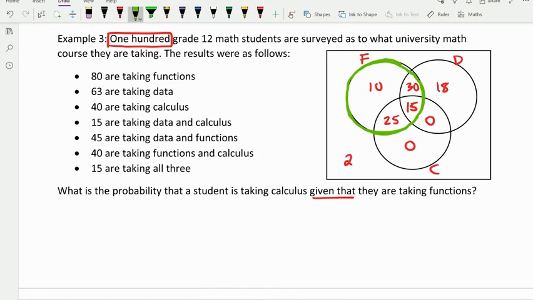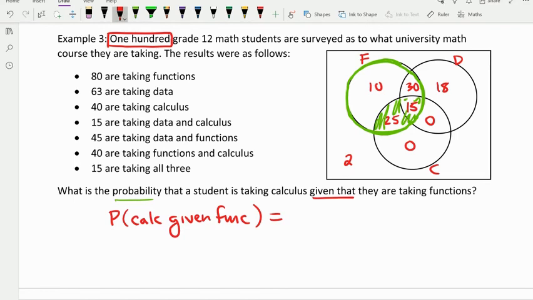Well, what's the probability that a student is taking calculus? We know that they must be taking functions. Well, how many students in this circle are actually also in calculus? Well, that's this right here. This section, this overlap or intersection of functions and calculus, is that piece right there. So the probability of calculus given functions is, well, how many people are taking calculus?